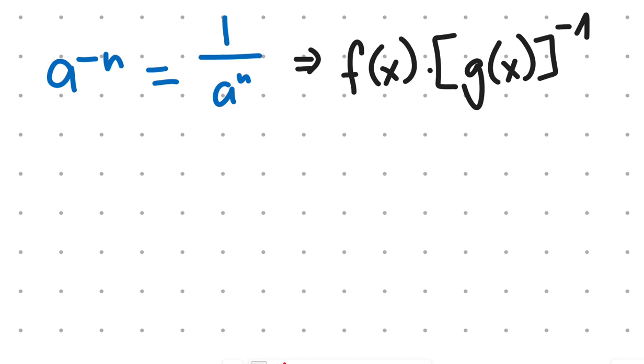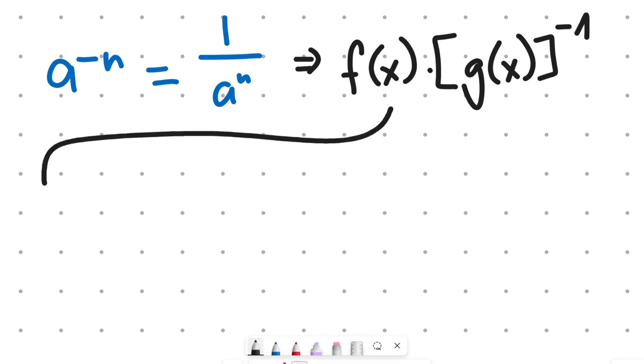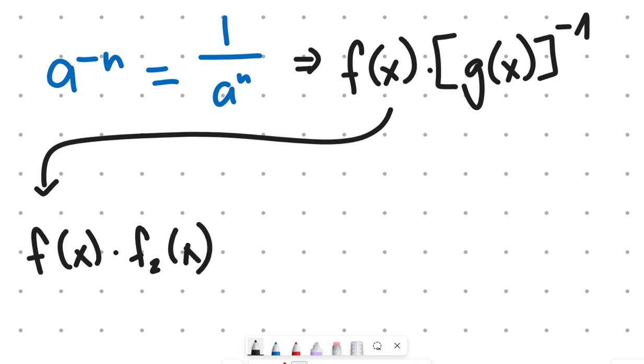Now we'll take this multiplication and set g of x, let's say, as another function, then we'll get the normal product rule for the derivative. Let's just say I have two functions, f1 and f2, and we take the derivative.